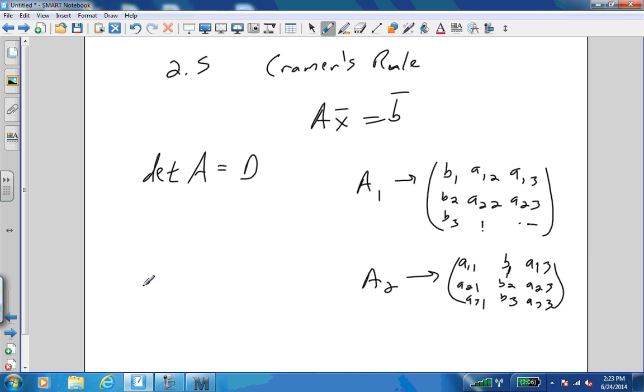Then D1, we'll just call the determinant of A1. D2, the determinant of A2, and so forth.